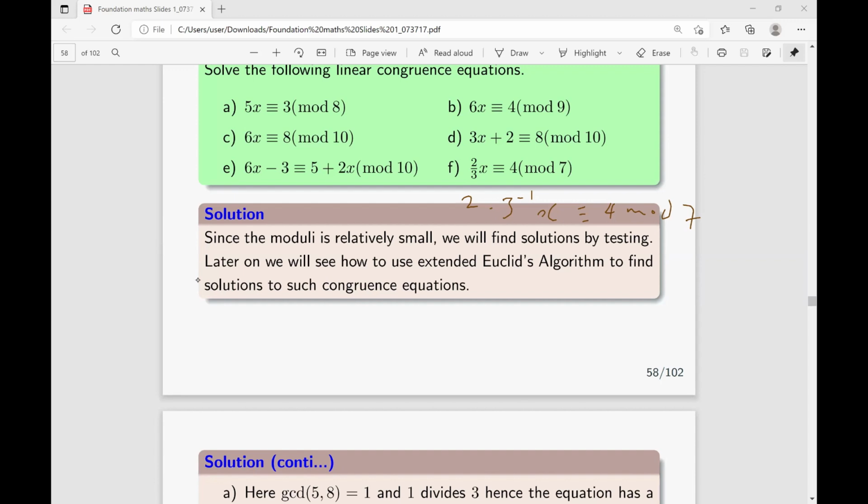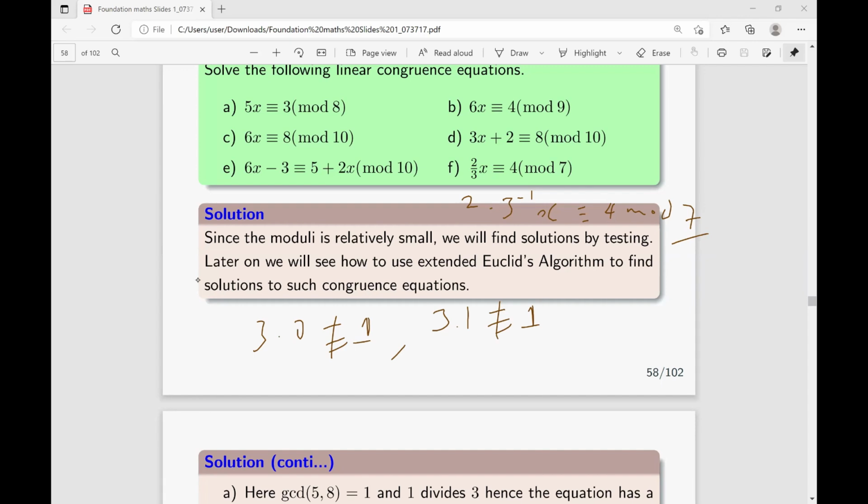You can just try numbers from 0 to 6 and see which one gives you 1. If you try 0, 0 times 3 does not give you 1. 3 times 1 does not give you 1 mod 7.